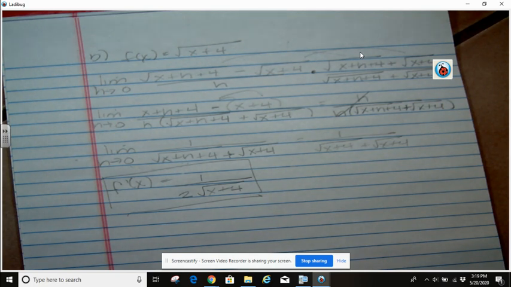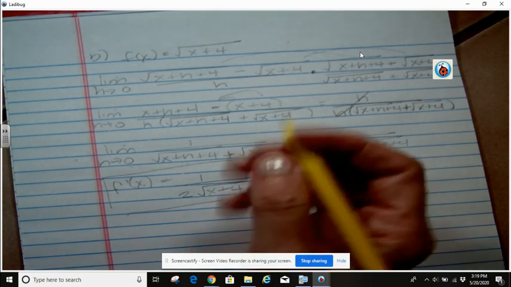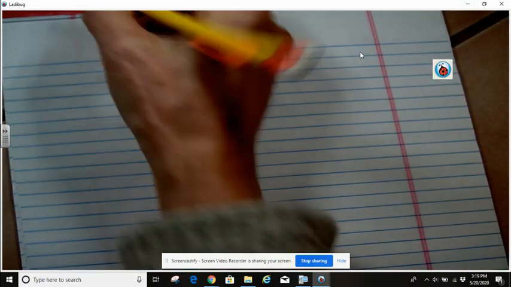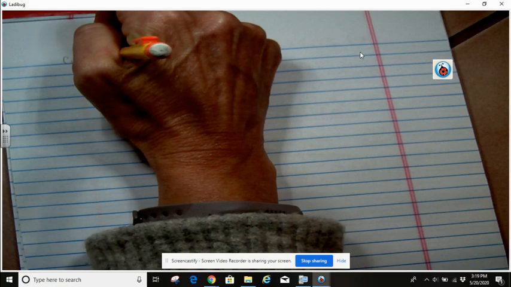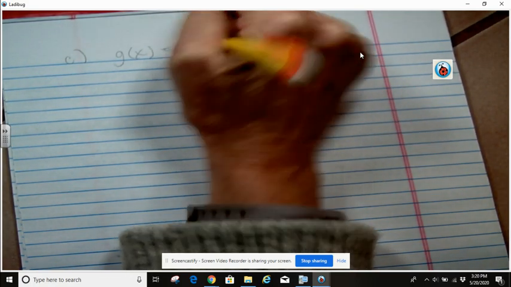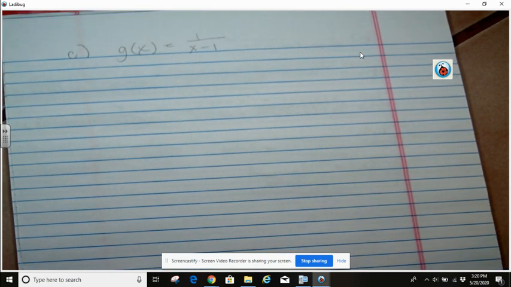All right, for part C, I'm just going to get on the paper. Okay, so then we're going to look this time at what happens with a rational function. It's not a very complicated rational function, but again, the algebra will be different.